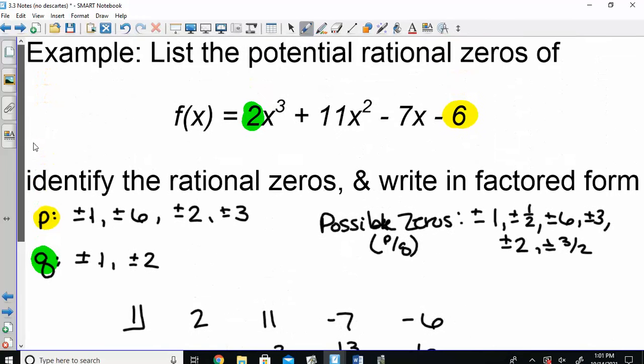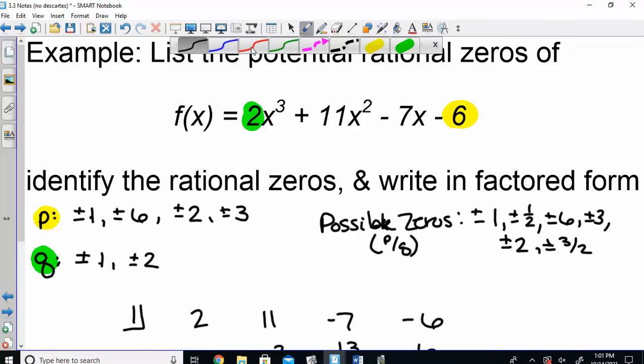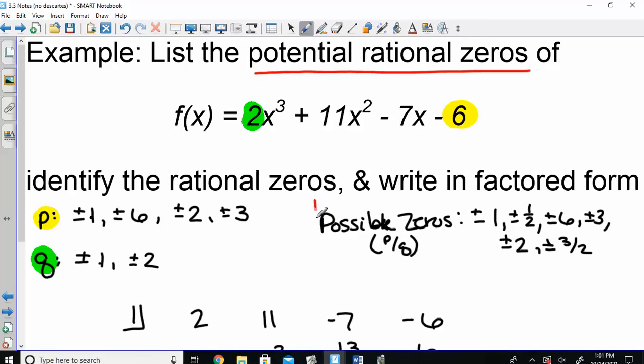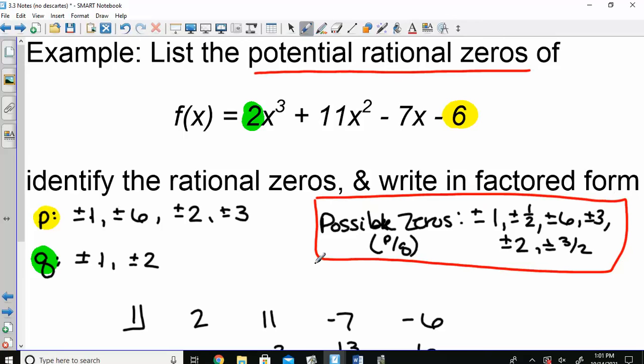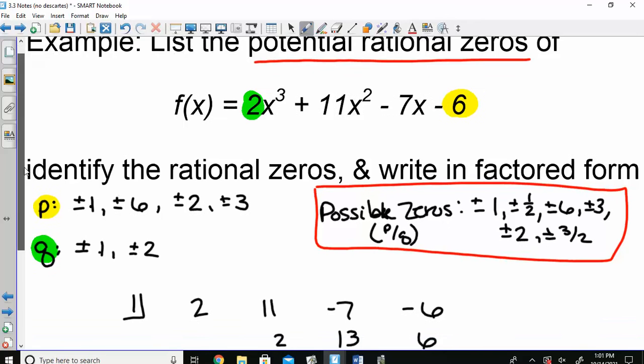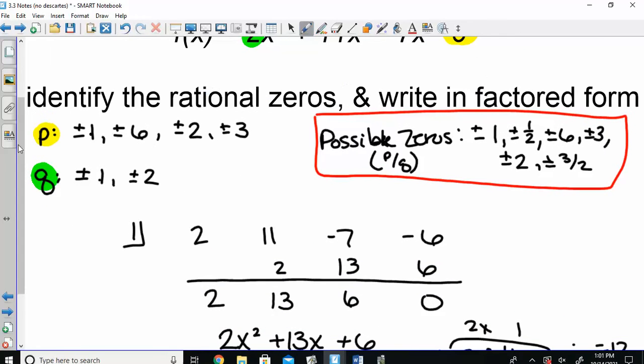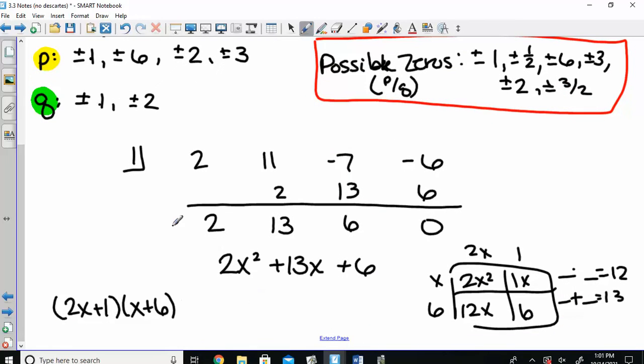So look at all the questions I asked you. First thing, I wanted the potential zeros, the possible zeros. So we answered that. Here's everything that could be a zero. Then I want the real zeros and the factored form. Is this my complete factored form? No. What else do I need in there? Since 1 was a 0, we should have x minus 1 as a factor.